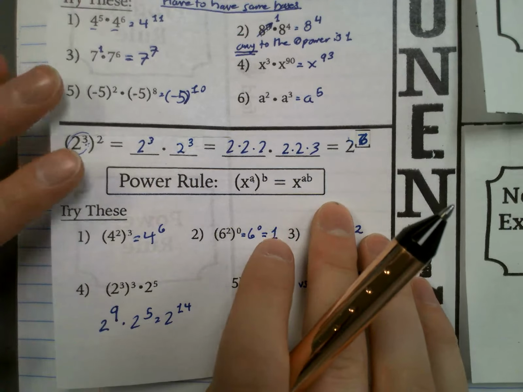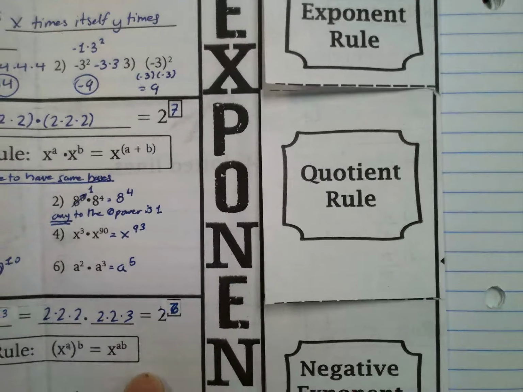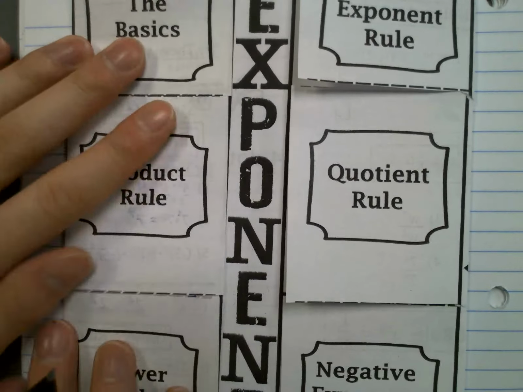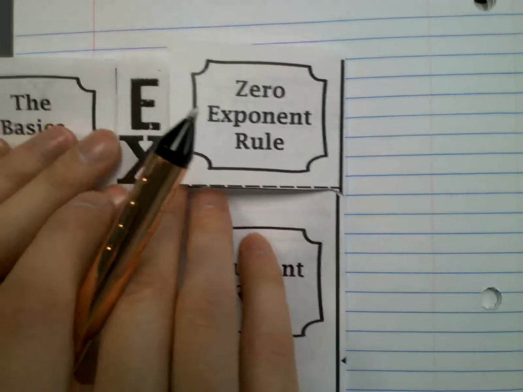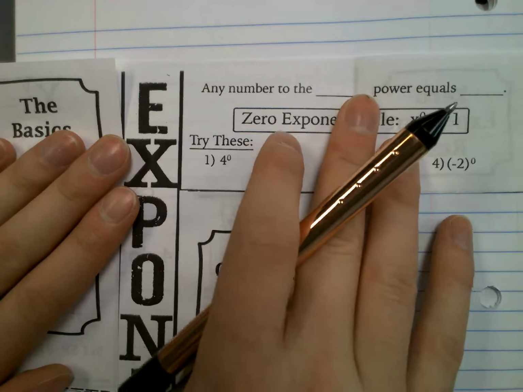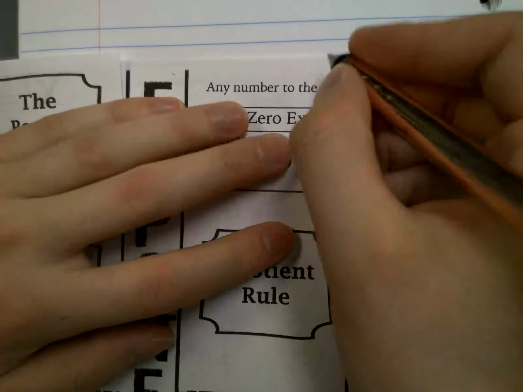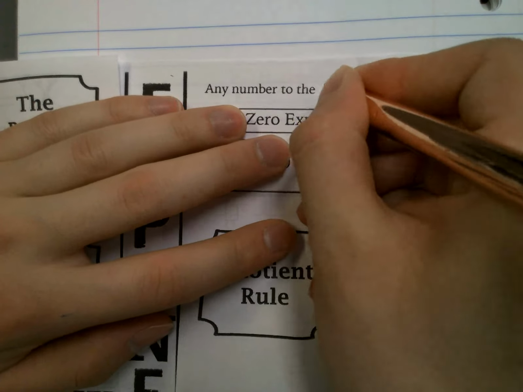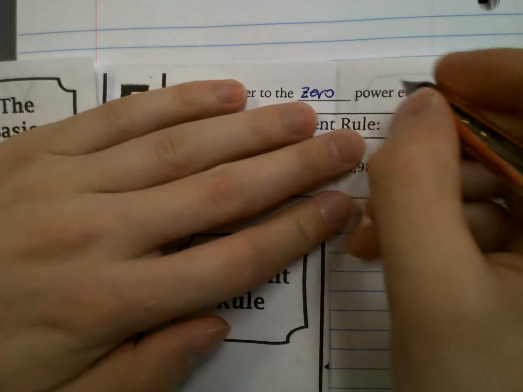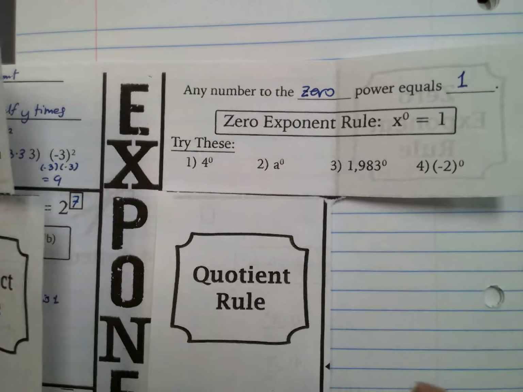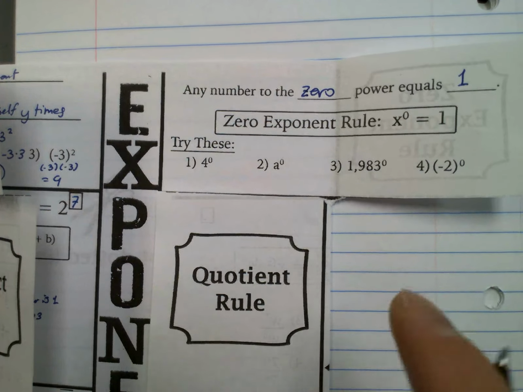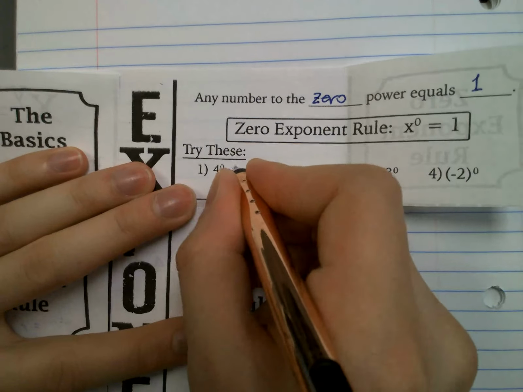Yep. All right. So next up, we'll close that side down. It's done. Now we're going to talk about the zero exponent. This is what I was talking about earlier. Any number to the zero power equals 1. It does not matter what it is. 4 to the 0 is 1.